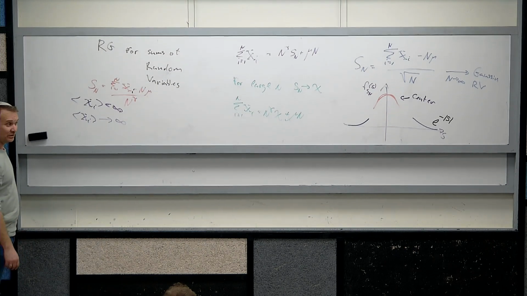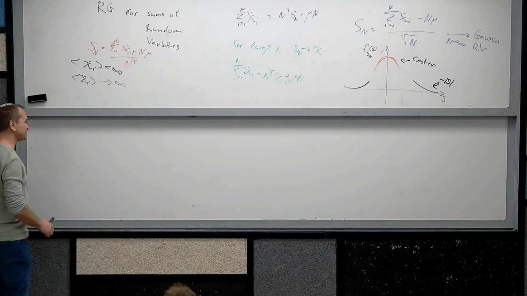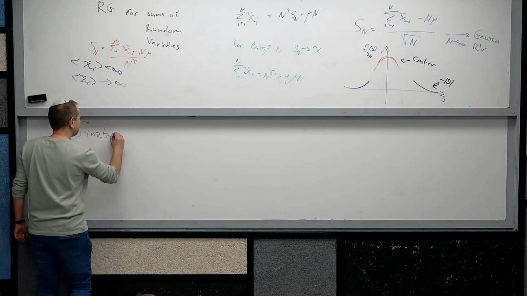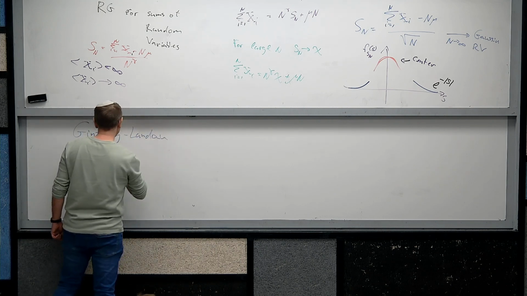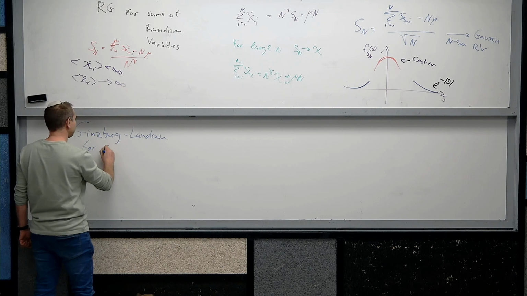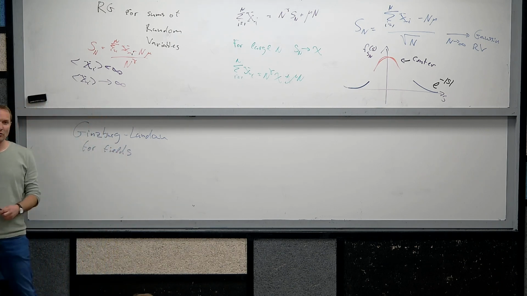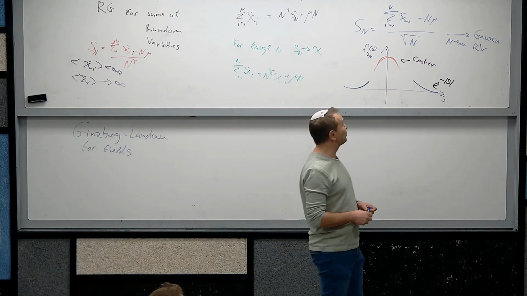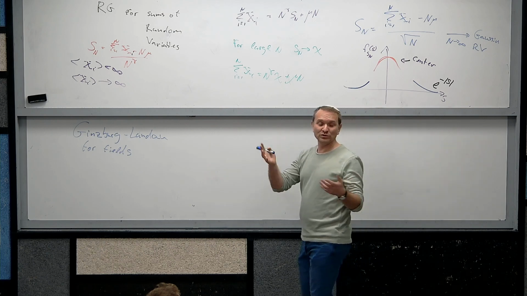Remember, once upon a time, we looked at the Ginzburg-Landau theory for fields. So how are these RG ideas that I developed for the sums of random variables applicable to all those ideas of fields?